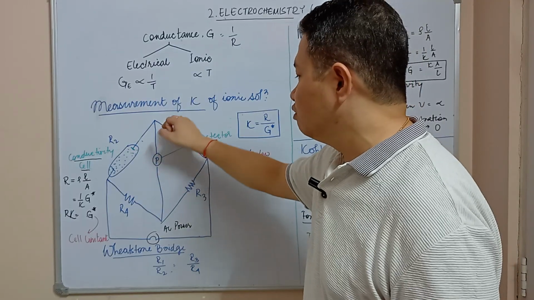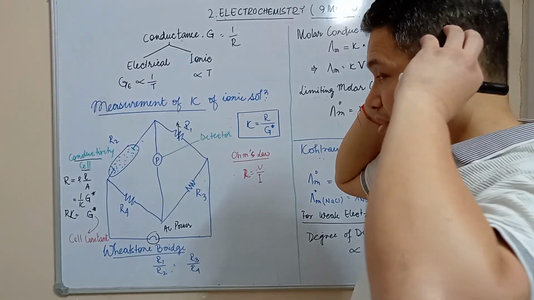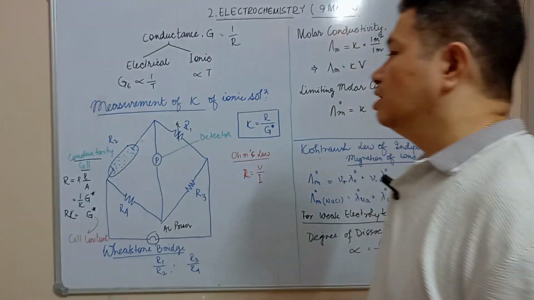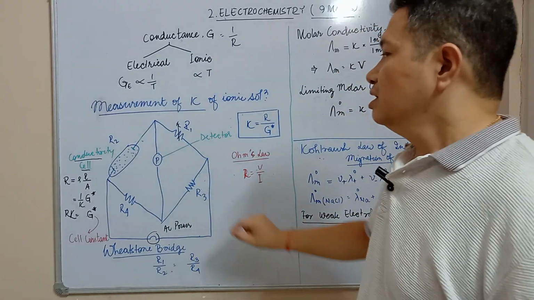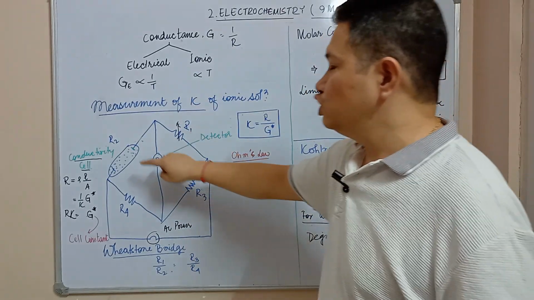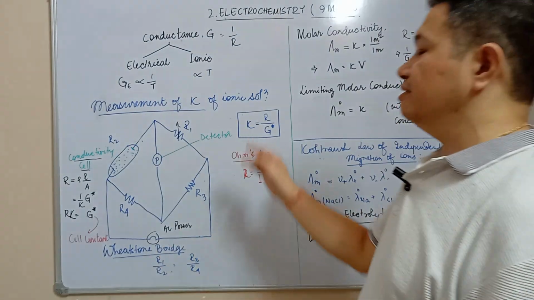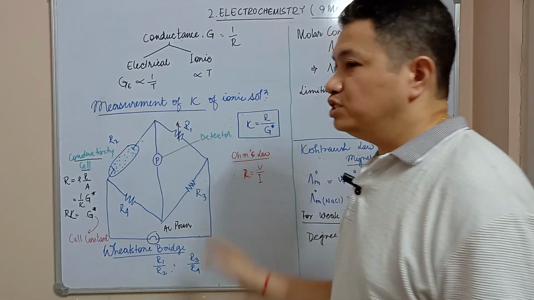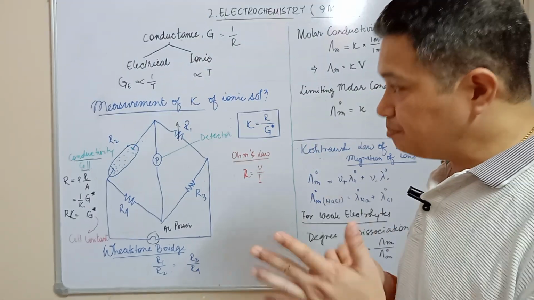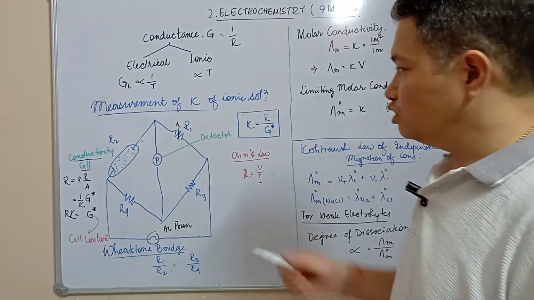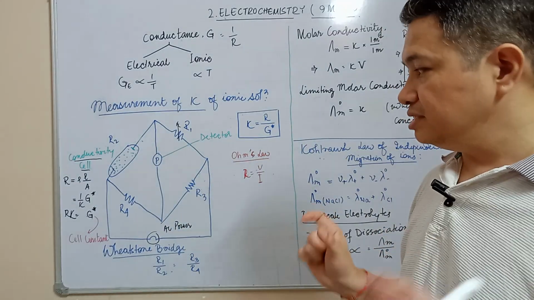When there is no current flow through the detector, that means the Wheatstone bridge has balanced by adjusting the resistance of R1. There will be a point at which no current flows through this detector. In that condition, the Wheatstone bridge has reached equilibrium. At that moment, you already know the resistances R1, R3, R4.